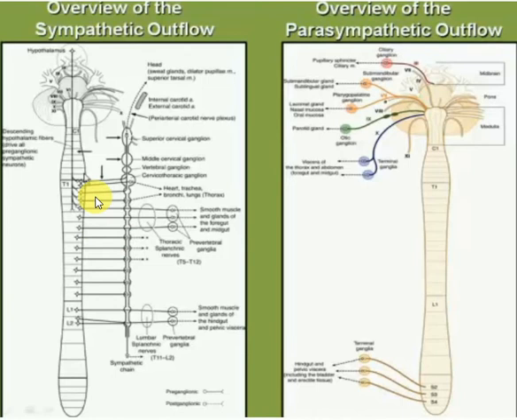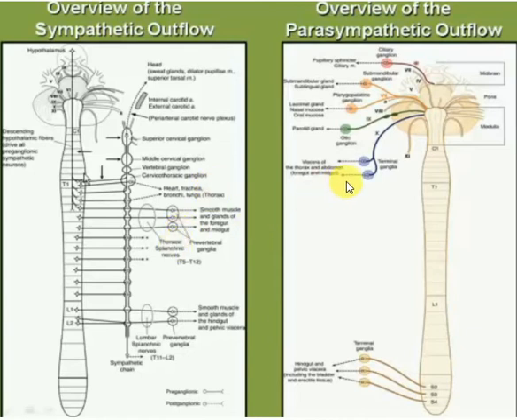So the preganglionic axons are very short in the sympathetic system. Since the postganglionic cell bodies are very close to the CNS, they are far from the target organs. So in the sympathetic system, the preganglionic fibers are short and the postganglionic fibers are long.